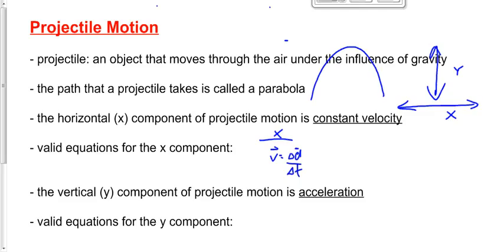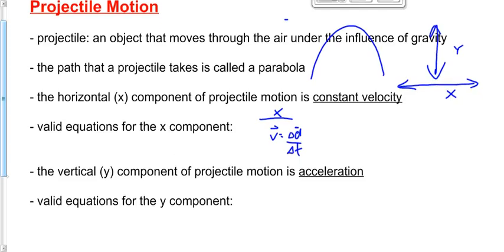The y component experiences acceleration because of gravity, right? And there are a number of equations that we can use to describe the y component, including d is equal to v_i t plus 1/2 a t squared, and all of the other acceleration equations. The reason I'm writing this one down and not the other ones is because far and away, this is the most common one that you'll use. d is equal to v_i t plus 1/2 a t squared.